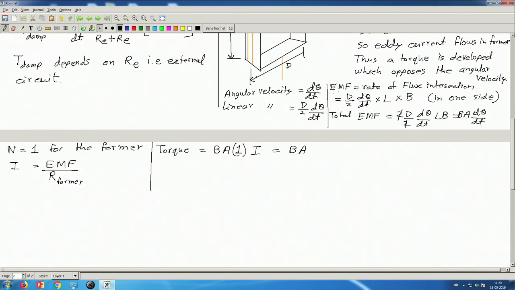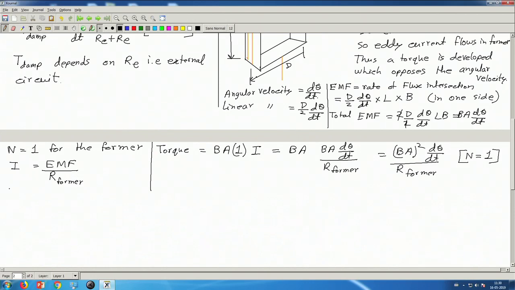Now, in place of EMF we can put this expression B A d theta dt and divided by former resistance. Okay. So, this becomes B squared A squared d theta dt by R former. N is equal to 1, the number of turns of the former is equal to 1.